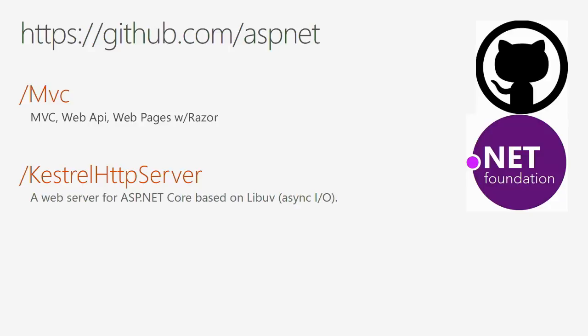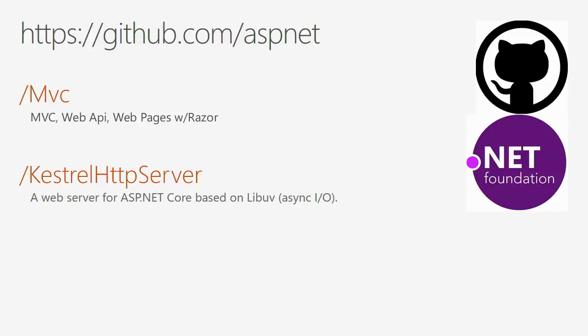Lightweight means it doesn't have many of the things that you would expect from a web server, like SSL termination, URL rewrites, gzip compression, etc. It's based on a library called libuv that does asynchronous I/O.